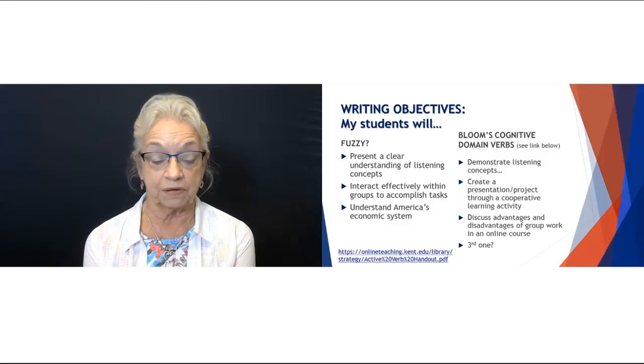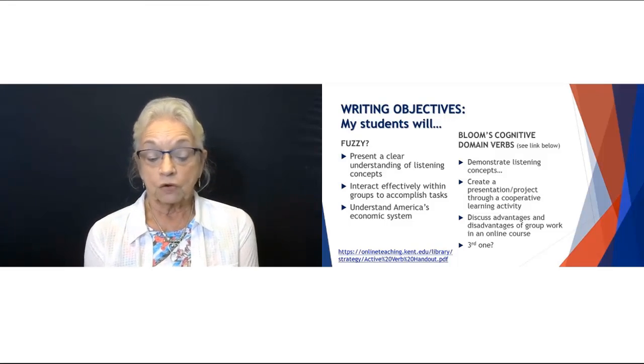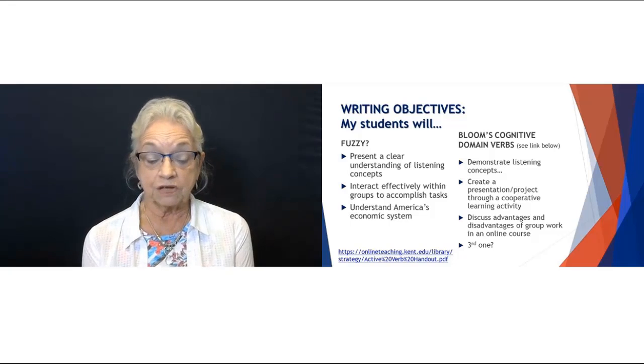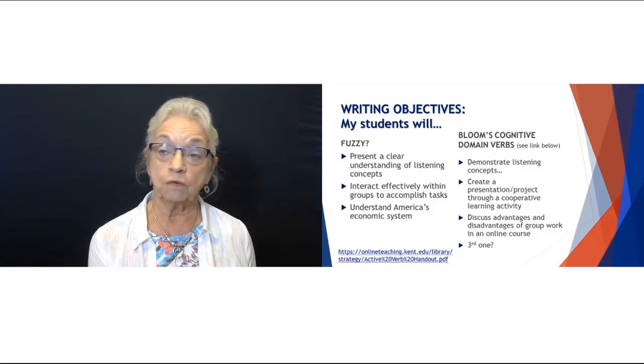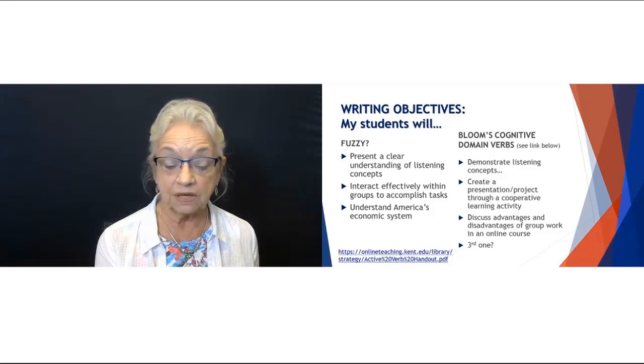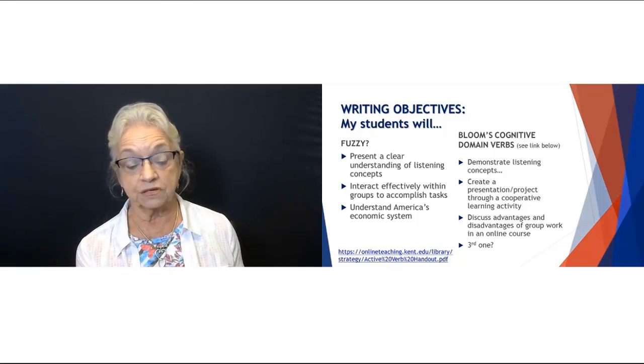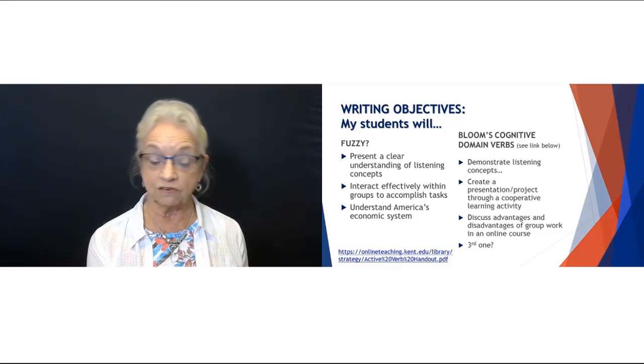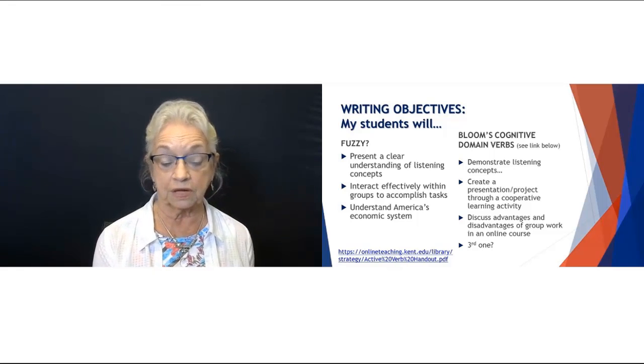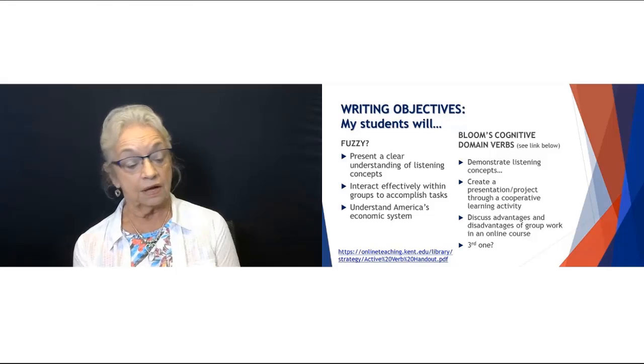So I put a couple of alternatives down. Create a presentation or a project through a cooperative learning activity. And in addition, discuss the advantages and disadvantages of group work in an online course.